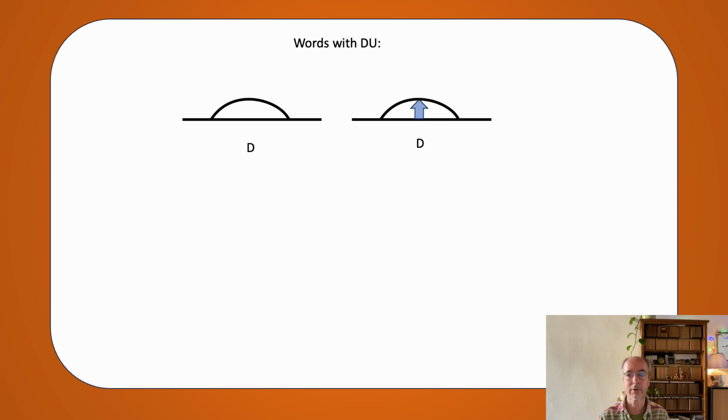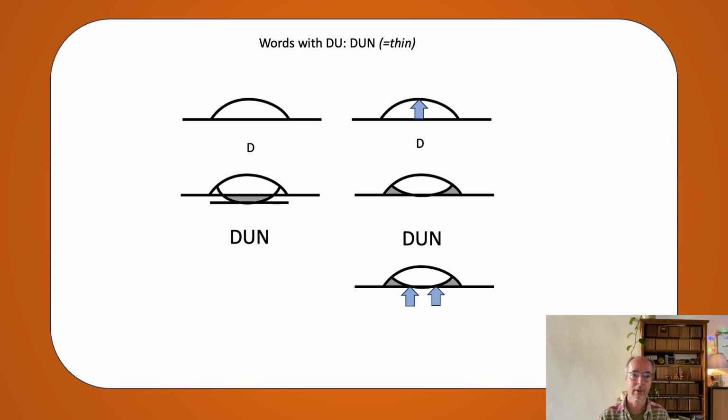Let's go to the first word, dun. Dun is thin, so I have the pressure and the U has to go underneath, and the N has to fill in the gaps, really fill it in as well.